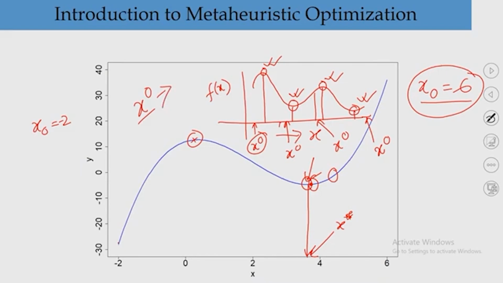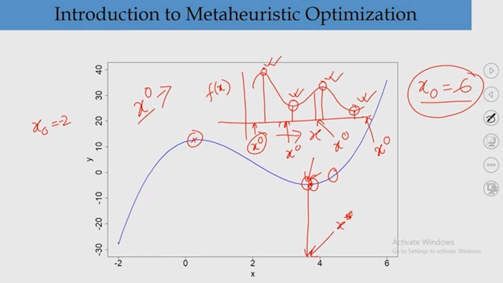So, depending upon what initial value you have provided to the algorithm, you will get one of these optimal solutions. So, therefore, for a non-convex problem, or if you have more than one optimal solution of a particular function, then these algorithms are highly sensitive to the initial point supplied to the algorithm, is not it.